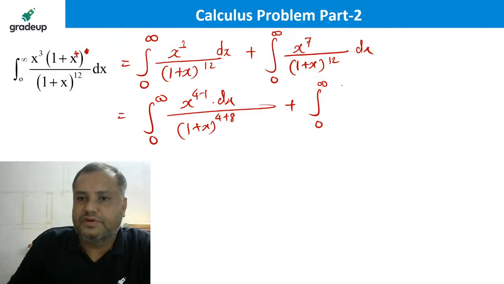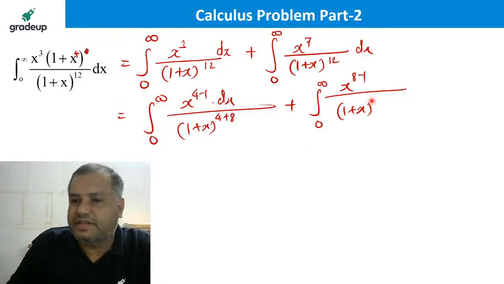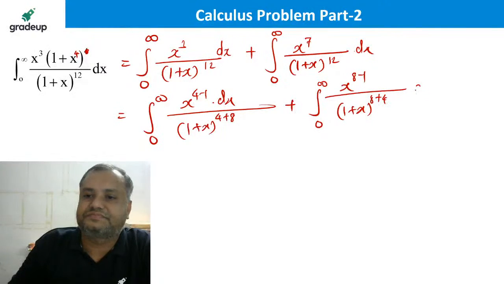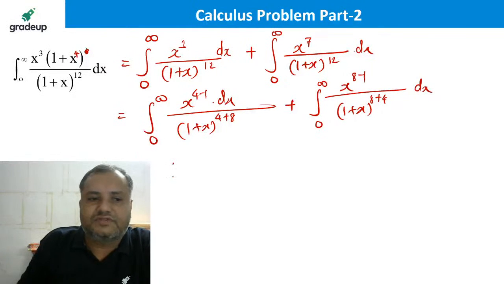How are you? X raised to 7 can be written as 8 minus 1. And this denominator power is 12. It can be split into 2 parts, that is 8 plus 4. So this will be beta 4 comma 8 plus beta 8 comma 4.